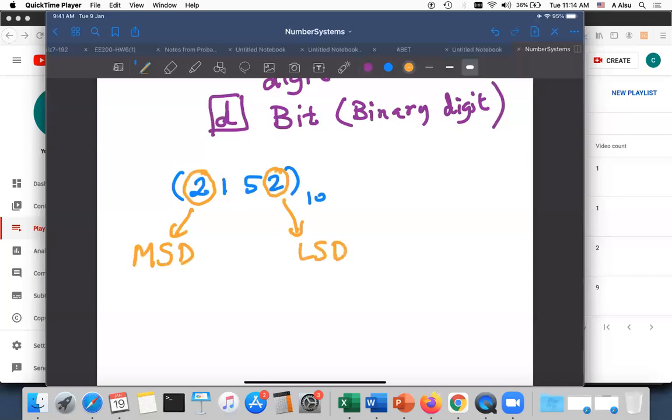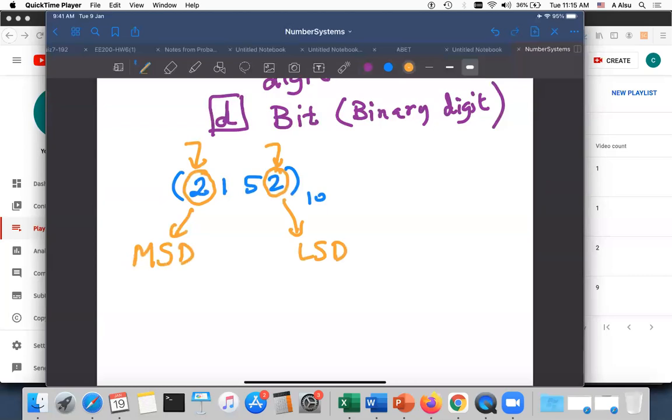Why? Any idea why? Why does this digit have more significance than this digit? Because it's larger. Yeah, its magnitude is larger. This has a magnitude of 2,000, whereas this has a magnitude of 2 units only. So the leftmost position is called the most significant digit, and the rightmost position is the least significant digit.